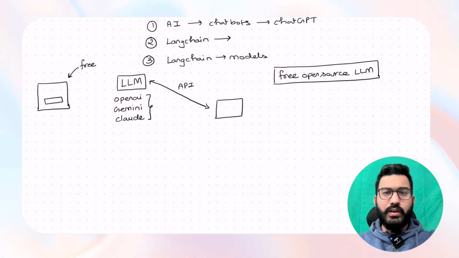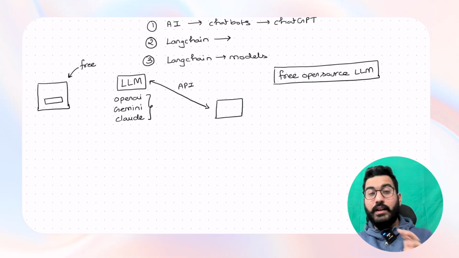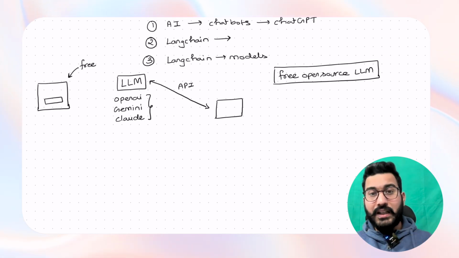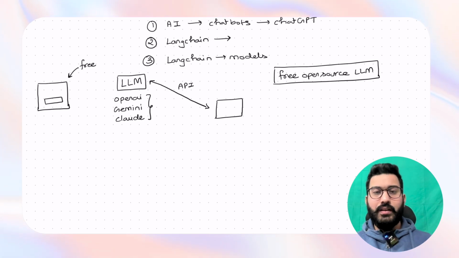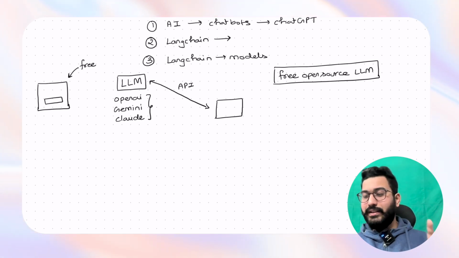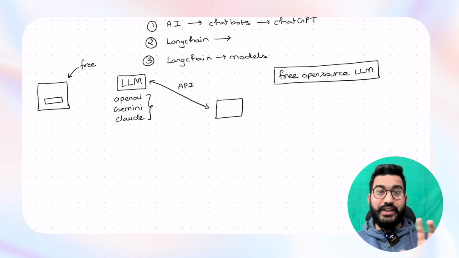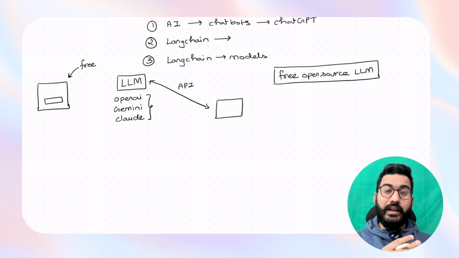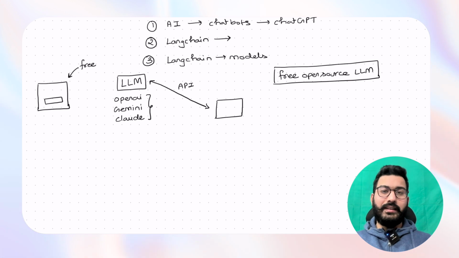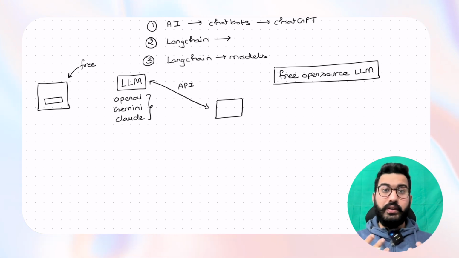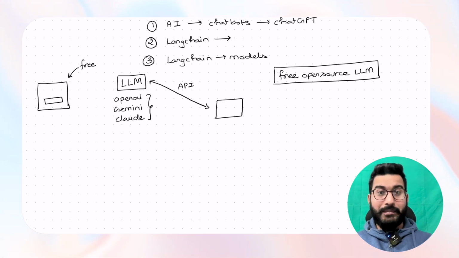I will explain all these terms. But in a nutshell, the LLM community has provided two kinds of LLMs. One is driven by the major tech giants, OpenAI, Google Gemini, and Claude. These tech giants provide you their LLM as a service, and you need to pay for that service if you want to use their API. But there are some nice people also.